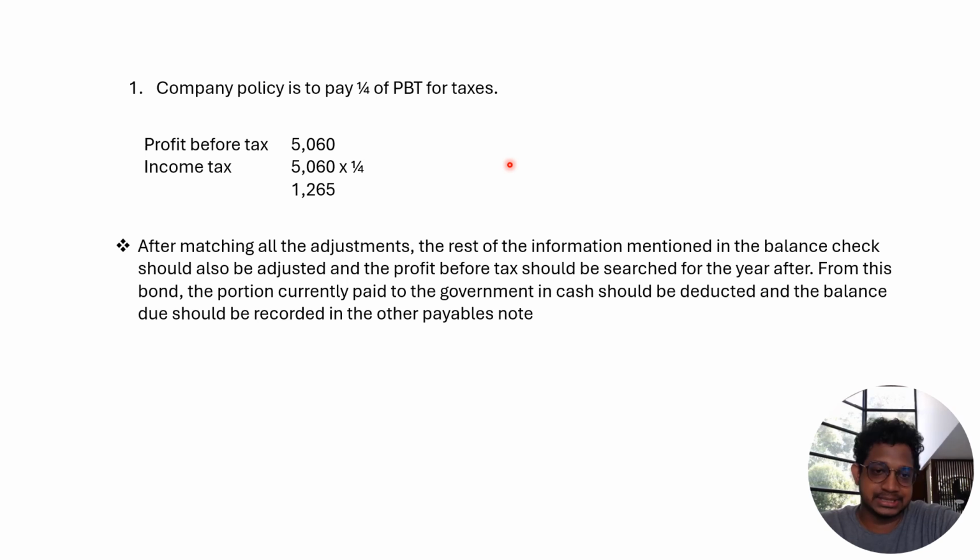The last adjustment is tax. It's a simple adjustment to account for the taxes, but nowadays it's a bit more complex than this. So the company policy is to pay one quarter of PBT, profit before tax, for taxes, right?